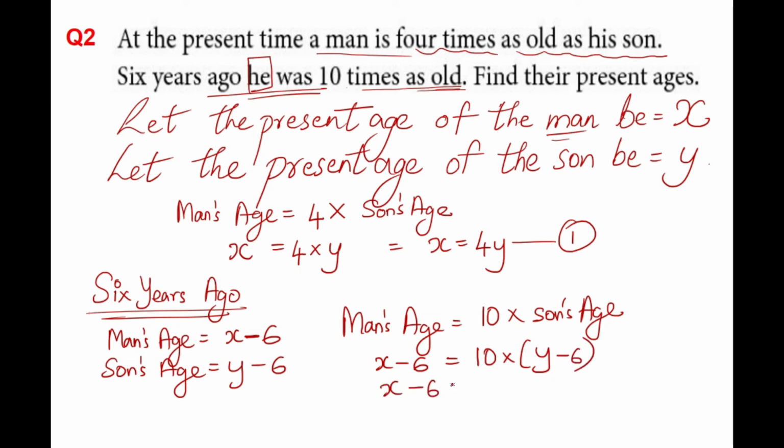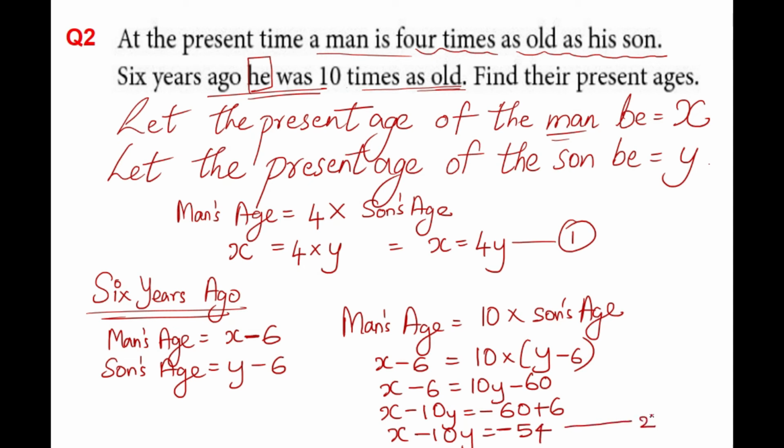So x minus 6 is equal to 10y minus 60. Bringing the variables to one side, you have x minus 10y equal to negative 60 plus 6, which means x minus 10y is going to be negative 54. This is my equation 2. I hope so far you don't have any doubts. Since I need some extra space to complete this, let me erase this part.